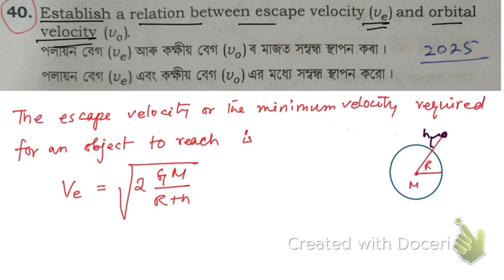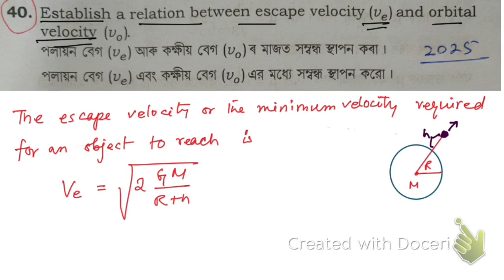The minimum speed required to throw this object so that it doesn't come back to the earth's surface, or to reach infinity, is called the escape velocity.